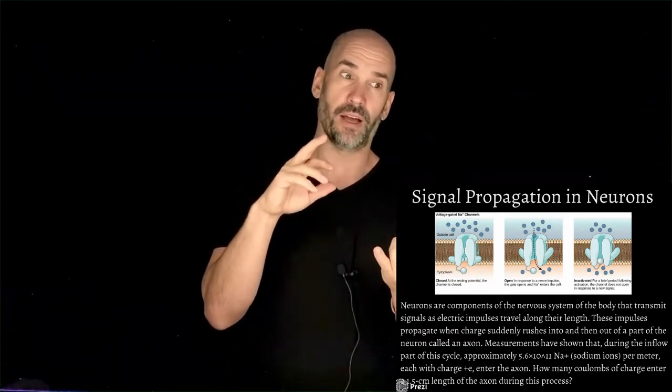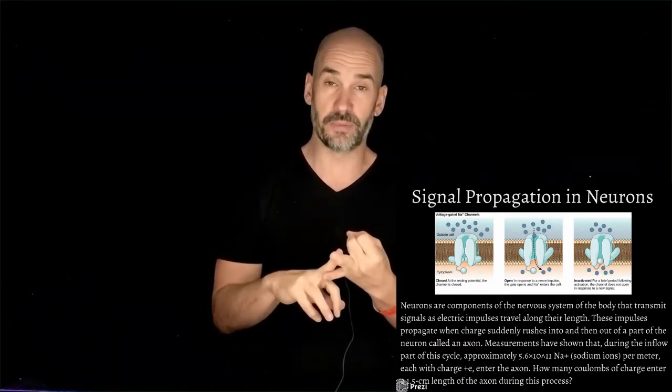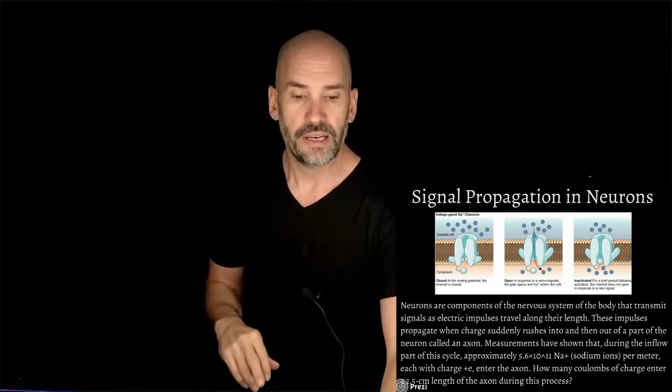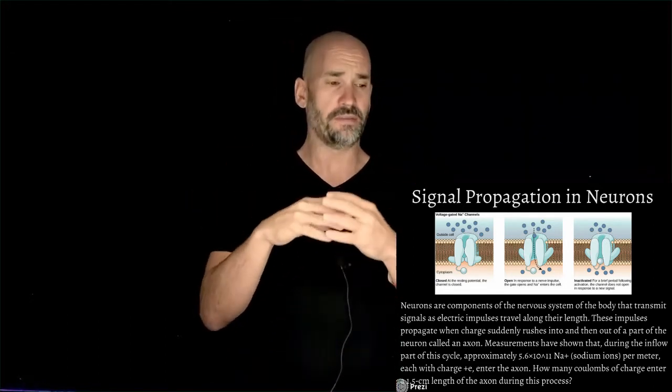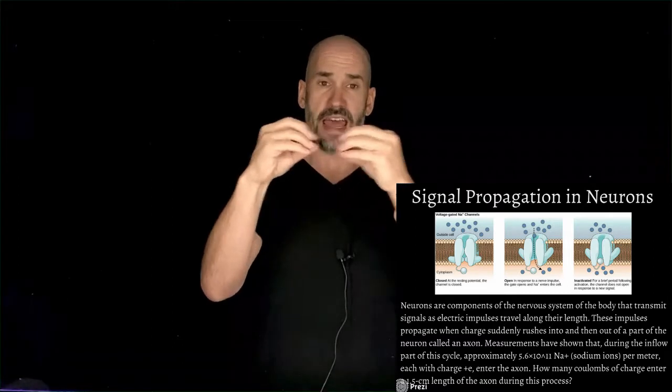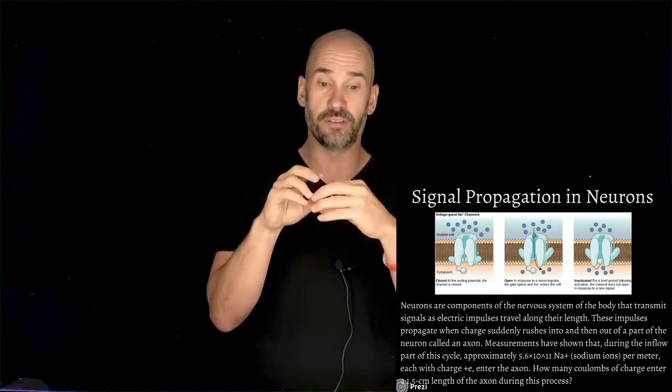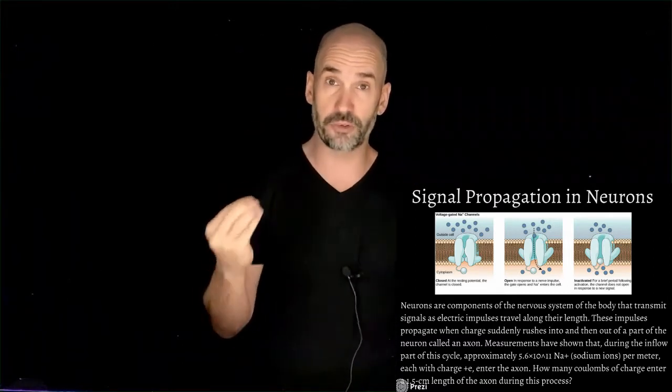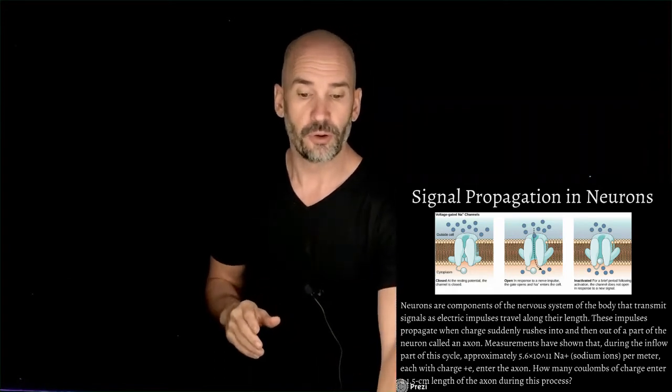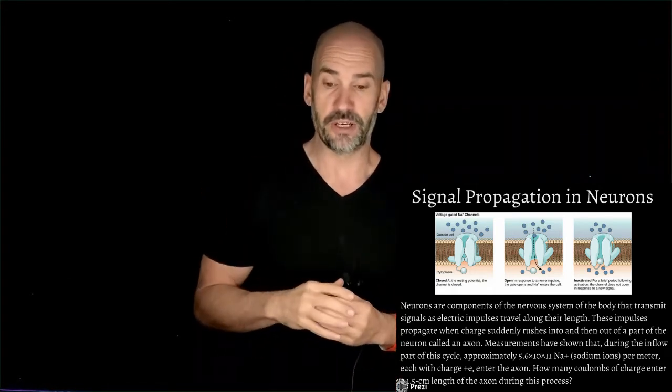These are sodium and potassium in particular. You may have heard that along these axons, massive amounts of sodium or potassium ions travel through. So I'll go ahead and read.